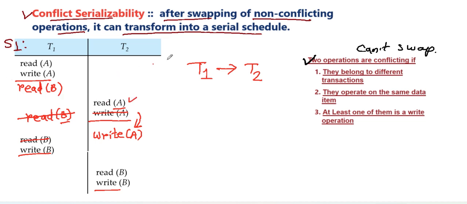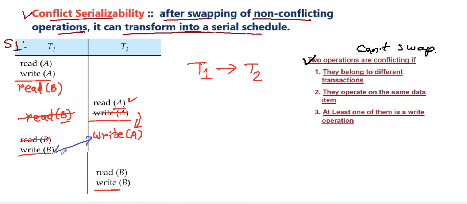Now the sequence is: first, second, third of T1, then the fourth and fifth of T2, and the sixth instruction of T1. Our aim is to bring this sixth instruction up, so that all the operations of T1 execute at once. So we have to take this write B up.